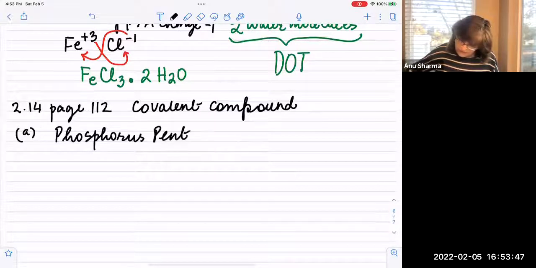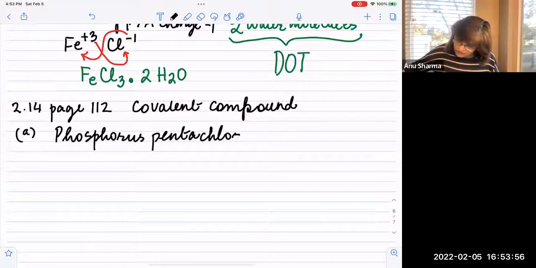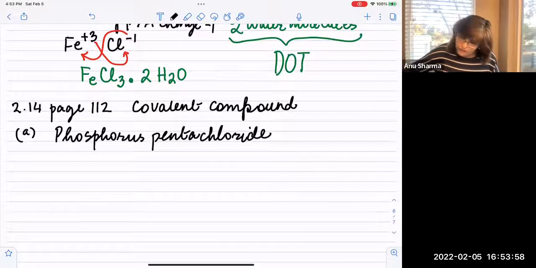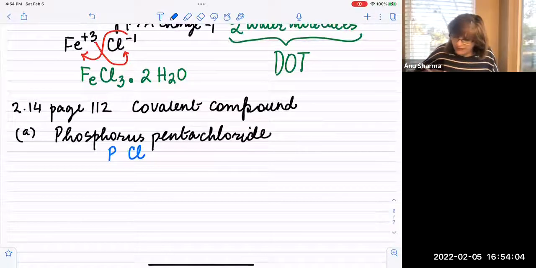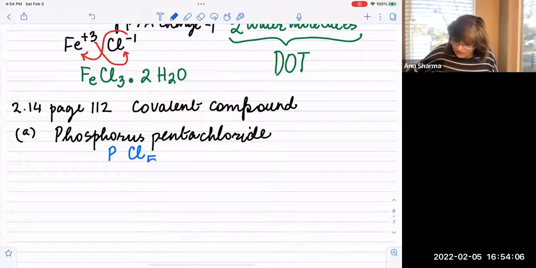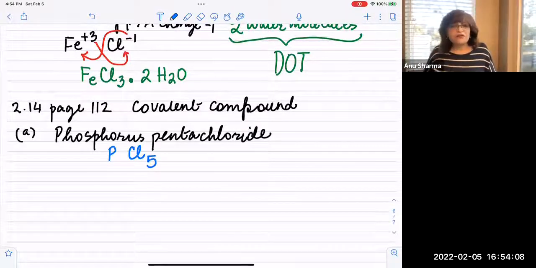Phosphorus would mean P, chloride is Cl, but penta, how many chlorines are there? 5. So this is what we write, PCl5.